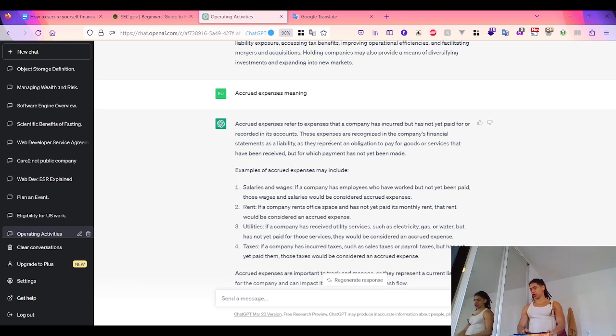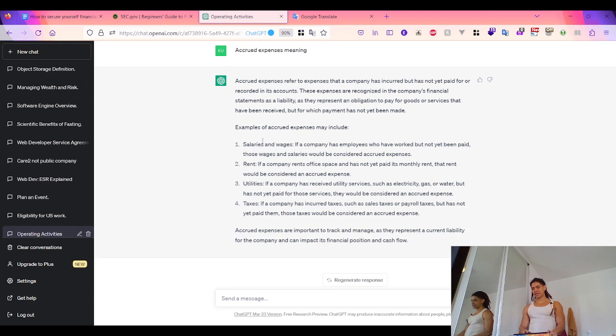There are expenses that a company incurred but has not yet paid for. For example, salary and wages. If a company has employees who have worked but have not yet been paid, those wages and salaries will be considered accrued expenses. Rent: if a company rents office space and has not yet paid its monthly rent, that rent is an accrued expense.